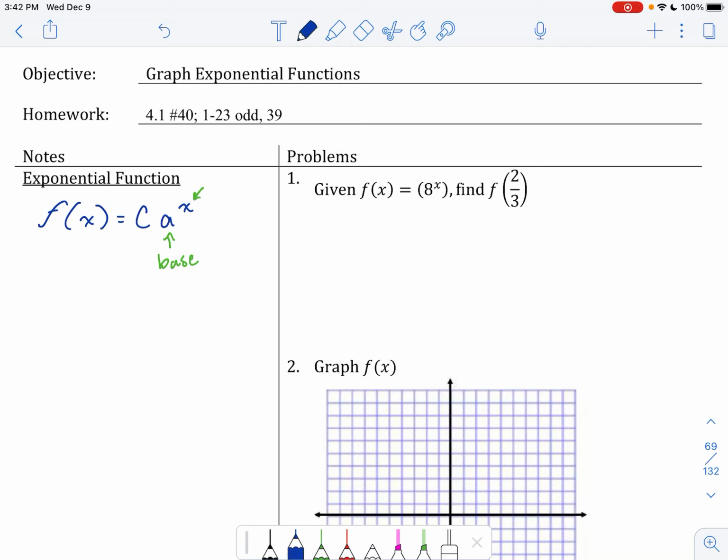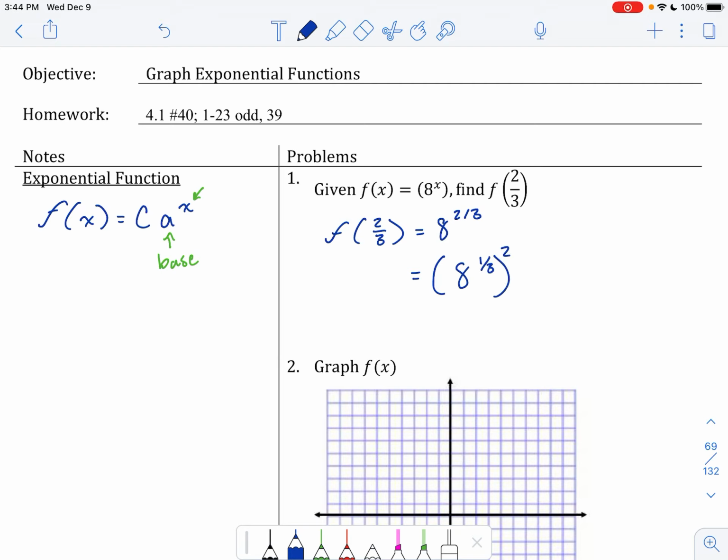Now, let's do a little review of some of the trickier exponents. Here we have an example in number 1 of an exponential function where the constant is 1 and the base is 8. If I ask for something like f of 2/3, that would be the same as 8 to the 2/3. When you have a fraction exponent, I think it's better to write it as the fraction exponent separately and then the numerator.